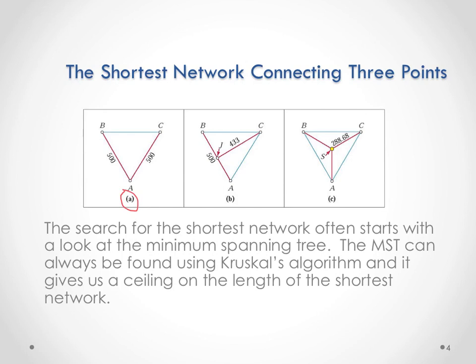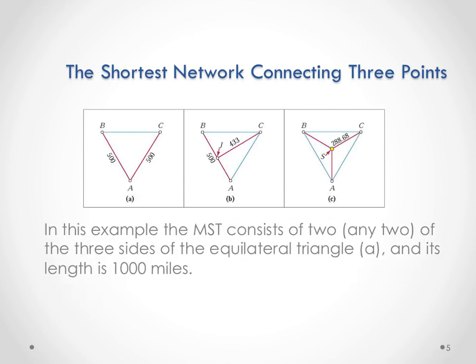So we found the minimal spanning tree. If you added this up, the amount of miles is 1,000, right? 500 for one link, that's 1,000. 500 for one distance and 500 for the other. So again, it's 2 sides because it's a triangle, and we found that our length is 1,000 miles.